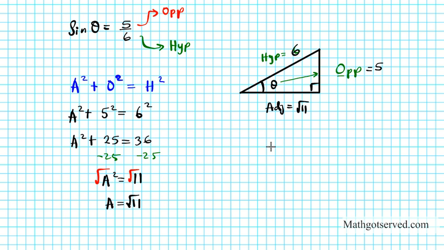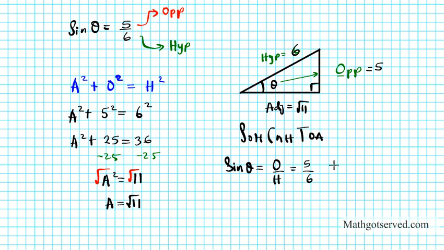Now we're ready to find all 6 trig ratios. So using SOHCAHTOA, let me just write SOHCAHTOA here again for easy reference. From SOHCAHTOA, I already have sine. I know that sine theta is opposite over hypotenuse, which is 5 over 6.